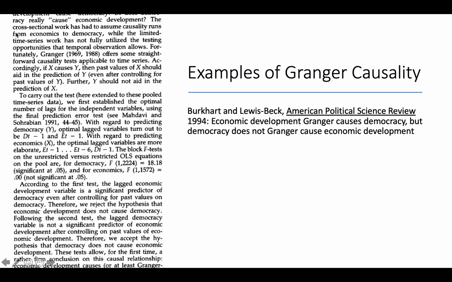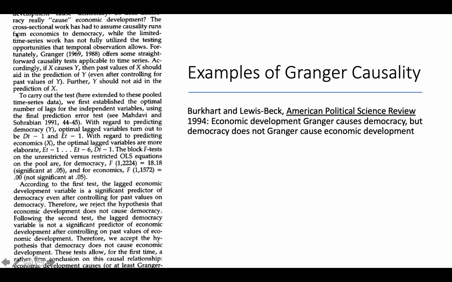First, we performed a regression where we had current values of democracy as the dependent variable, immediate past values of democracy as an independent variable, and immediate past values of energy consumption per capita.